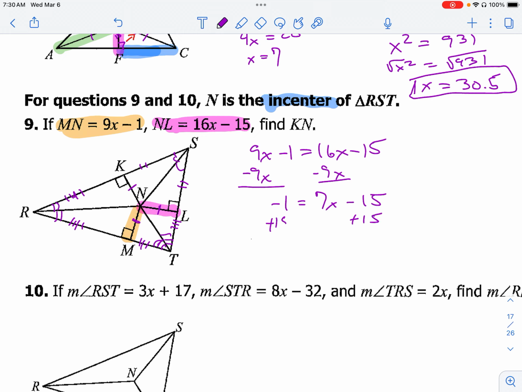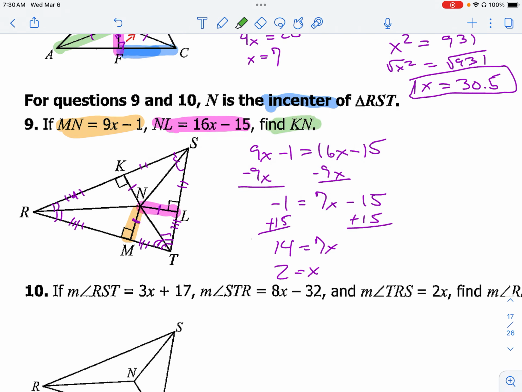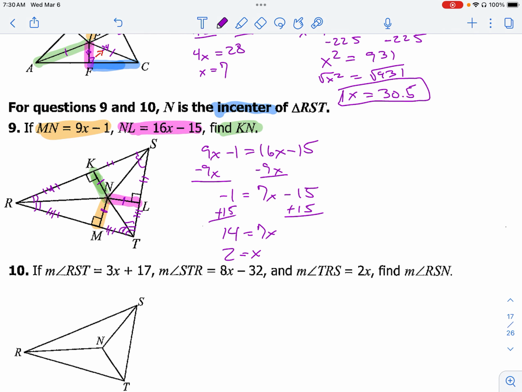Then we get the x by itself. We find out x equals 2. And we are looking for MN. MN's here. So we can plug it into either one of them to find out what MN is. So 9 times 2 minus 1 equals 17. So MN equals 17.